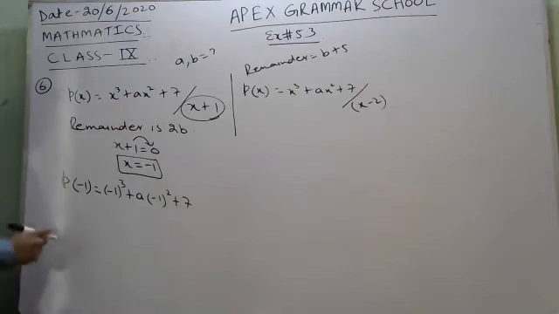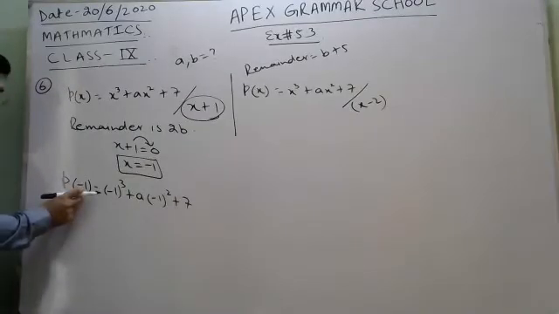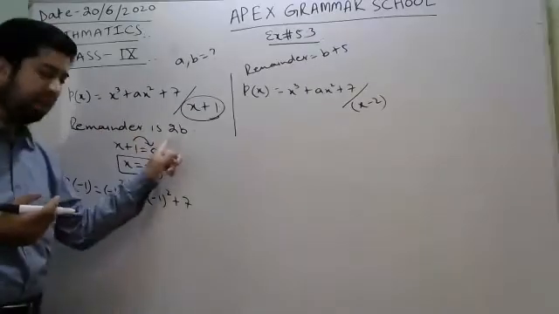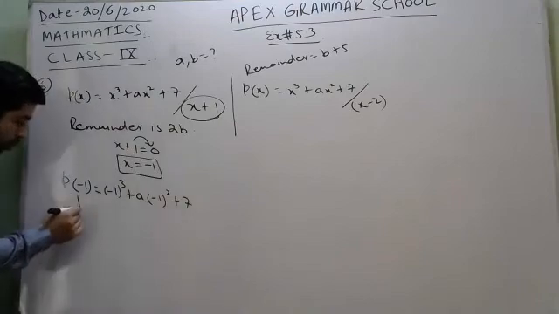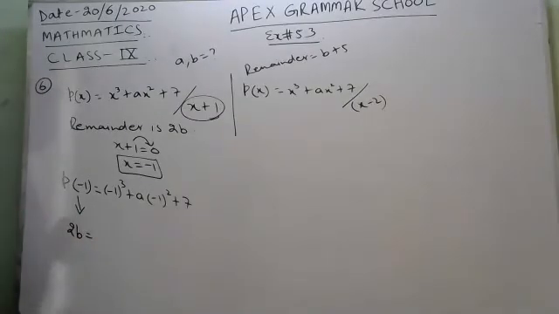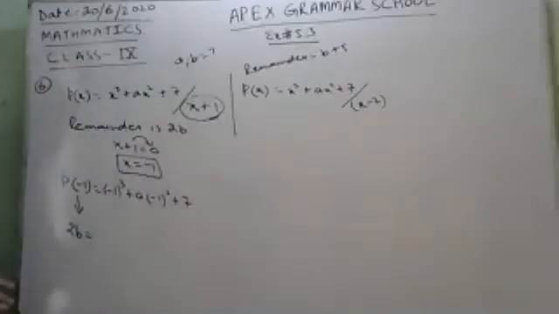Now we already know that after putting this value, we get the answer, which is the remainder. The remainder is 2b, so we write 2b here. Why are we writing 2b here? Because we already know that its remainder will be 2b.